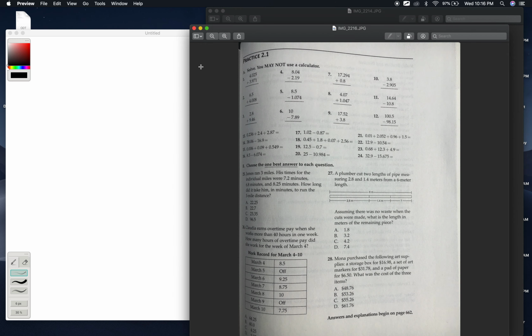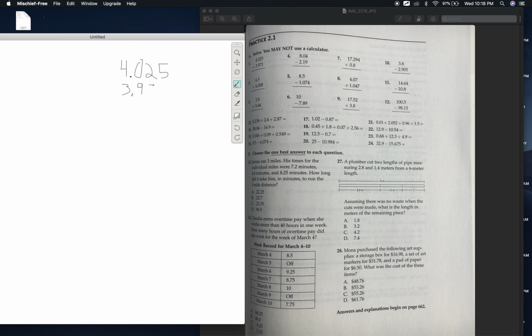Okay, so 4.0, this is number 1 by the way, 4.025. Excuse the sloppiness, I am using a mouse here. 3.9, sorry, that's not a 0, that's a 9. 3.971.